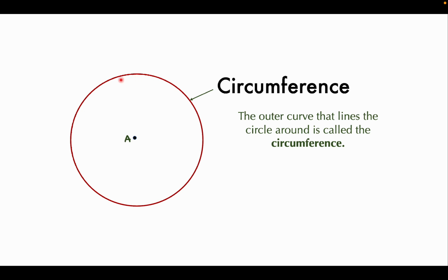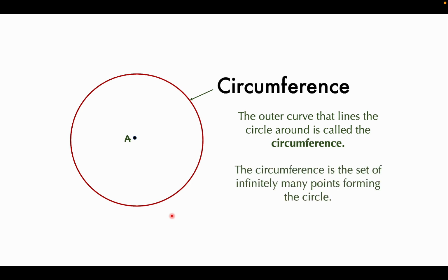So, itong linya na bumubuo sa circle, kumbaga yung kanyang outer layer, yun yung ating circumference. Tandaan na, the circumference is the set of infinitely many points forming the circle. Bakit siya infinitely many? Because we cannot really determine how many points there are that make up the circle or the circumference. Okay?